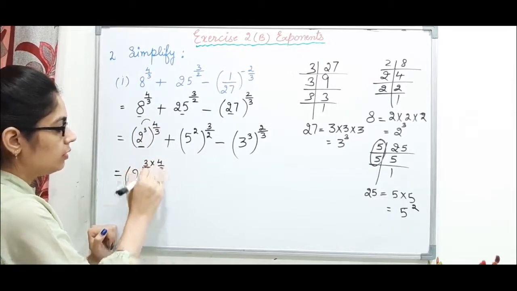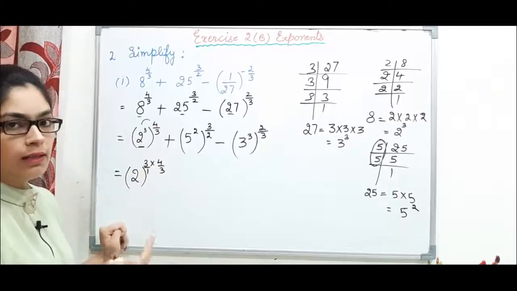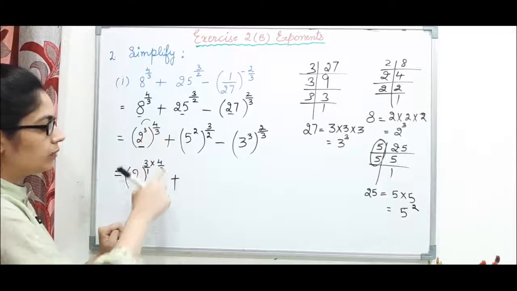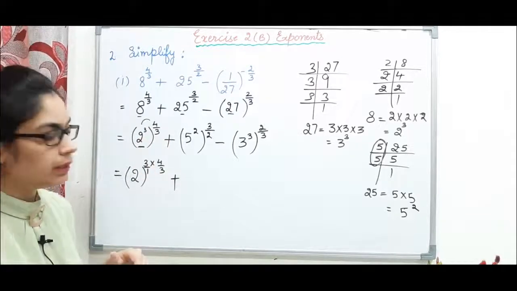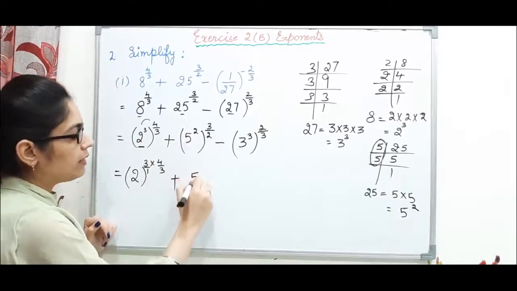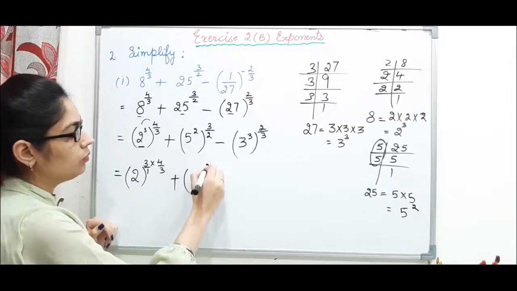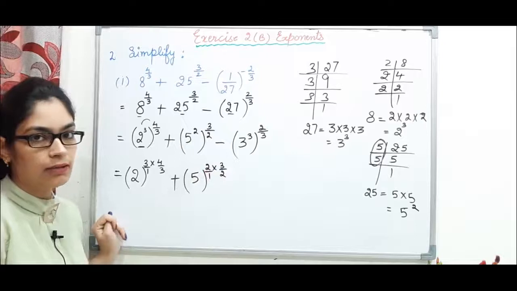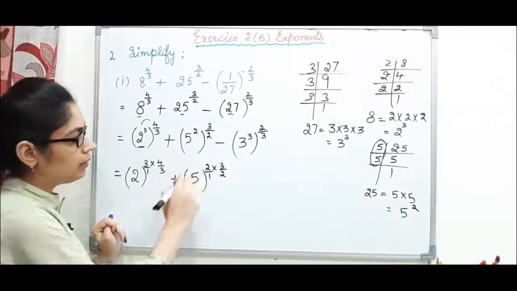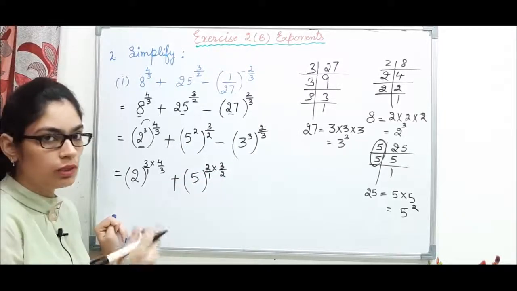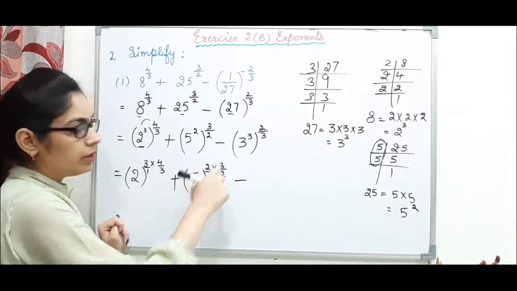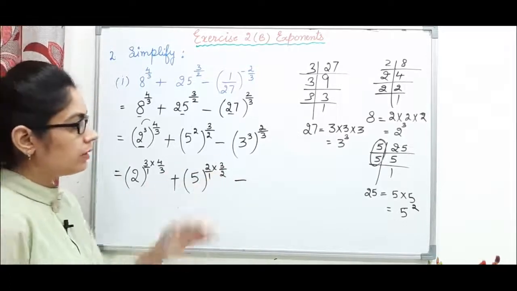Here also you can write 3 as 3 by 1, because then both will be fractions, so easily you can multiply. Then 5, this 2 into 3 by 2. Here also you can write 2 as 2 by 1. See, 1 won't make any difference. 2 is also equal to 2 by 1. We are writing it in this form only to reduce confusion, so fractions you can easily multiply.